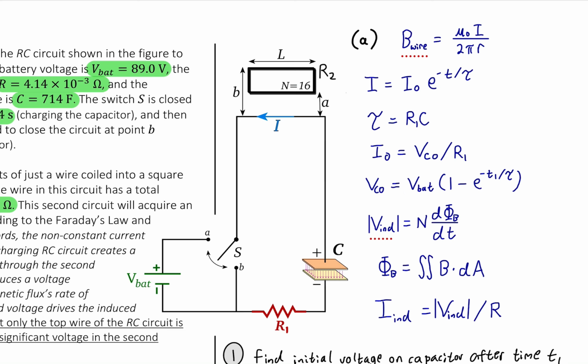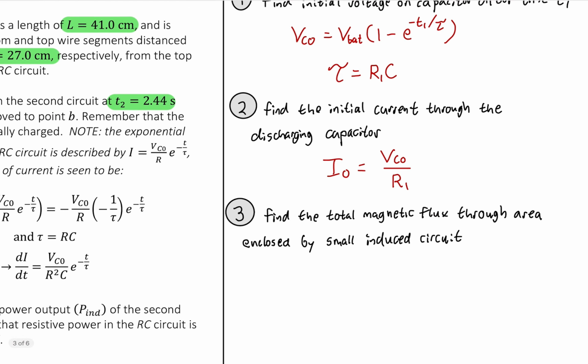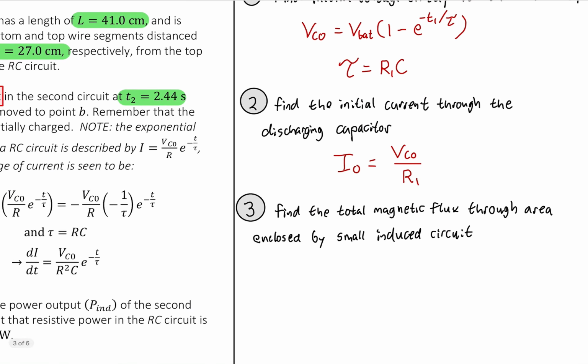So we have a decay or a weakening of the magnetic field as we move away from the wire, and that's why we have to do a little bit of integration, but nothing too cumbersome, a pretty simple function, but an important step. So let's find our total magnetic flux.